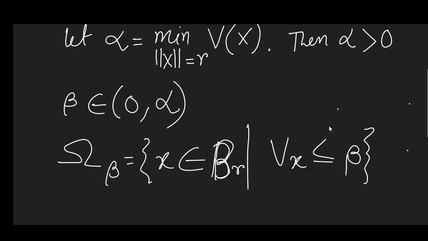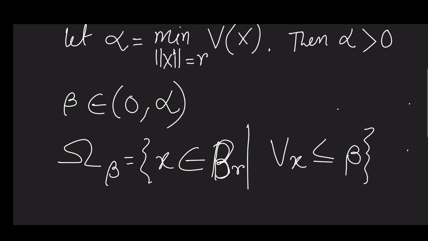Beta covers all such x for which your Vx has a value less than or equal to the value of Vx which you had when you were traversing on the outer shell, on the surface of the outer shell.